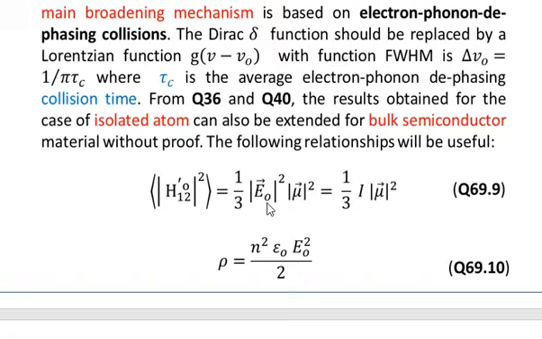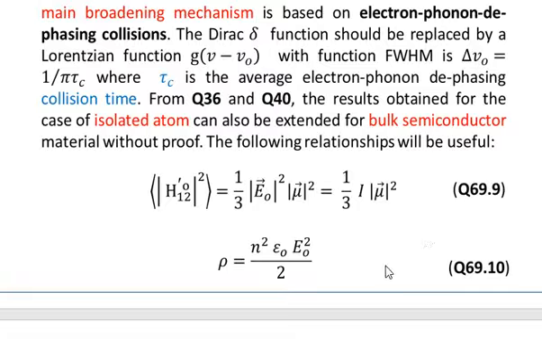And we can represent the absolute square of E naught by I, which is the intensity of the input beam. So we have on the right hand side 1 over 3 multiplied by I, the intensity of the input beam, multiplied by the absolute square of mu, which is the magnetic dipole moment of the semiconductor material involved in the transition.